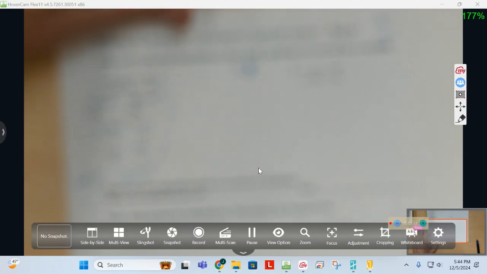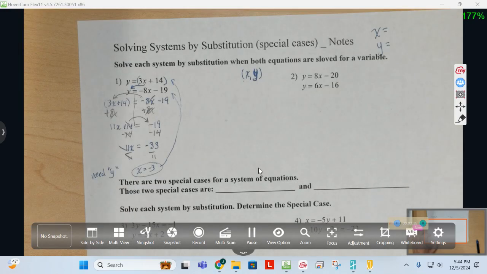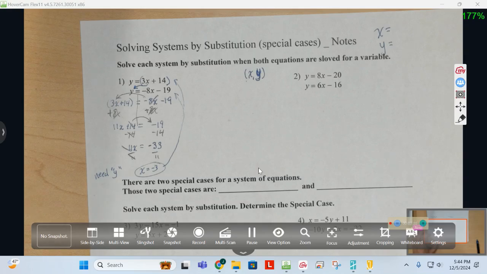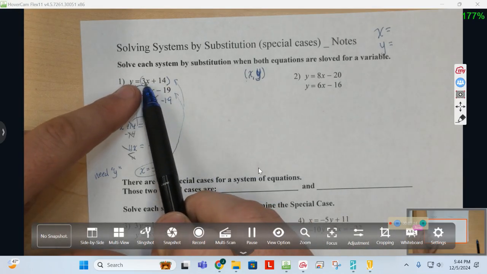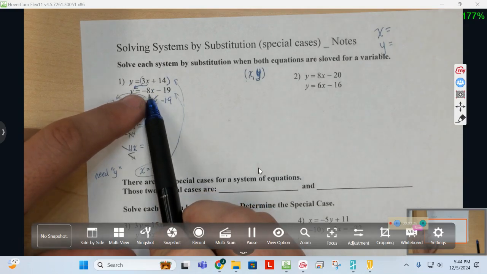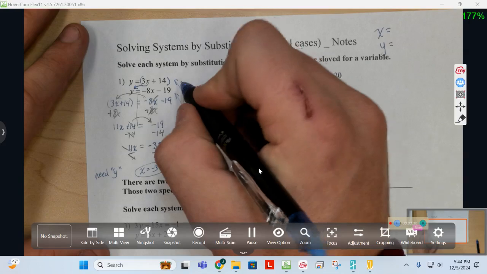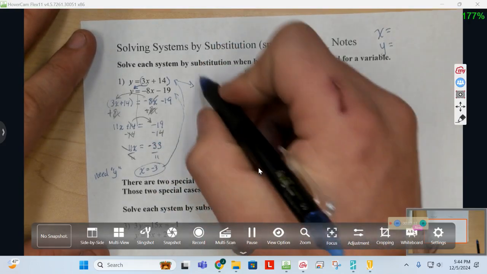It does not matter which equation we substitute the negative 3 into to find the y we're still looking for. Just for ease, I think 3x, because it's positive, may be easier than working with the negative 8x minus 19, and 14 is a smaller number than 19, so I'm going to do it in the top equation.